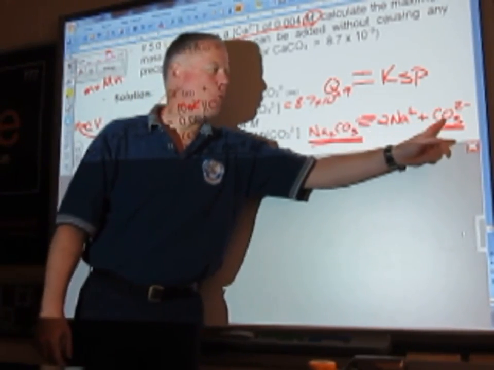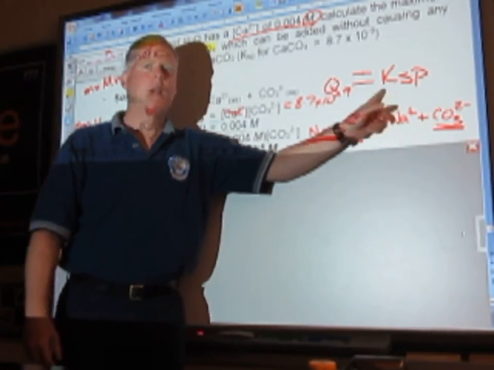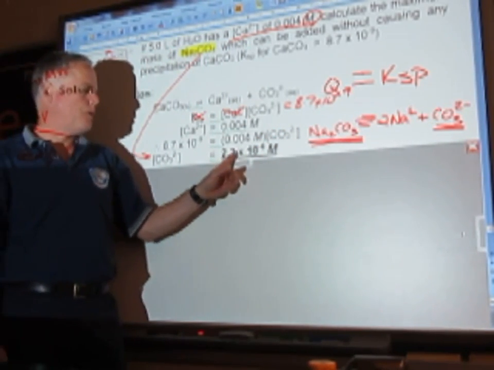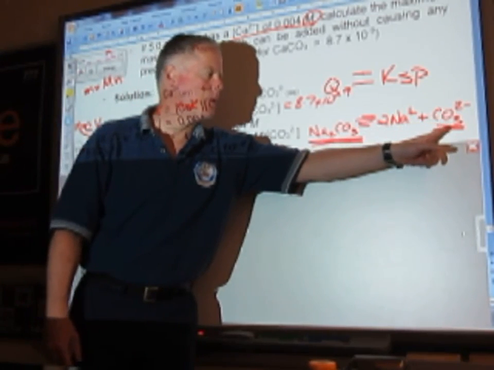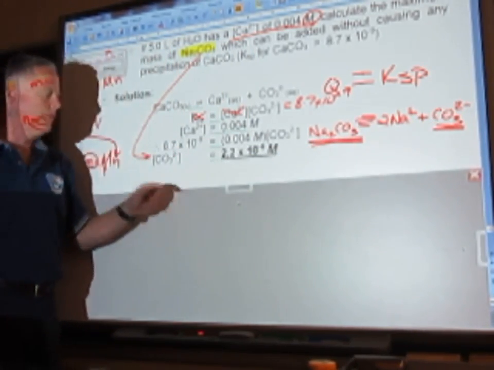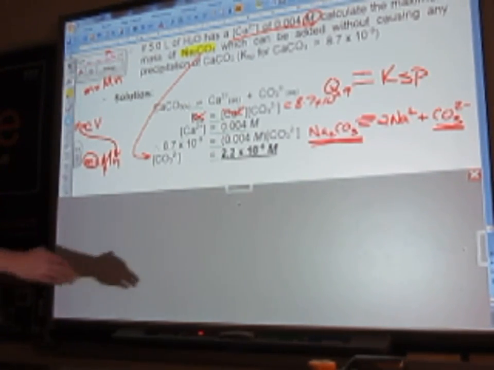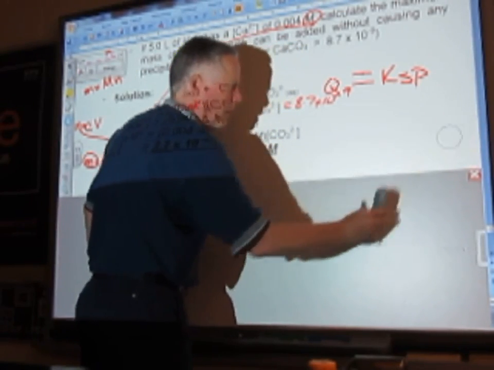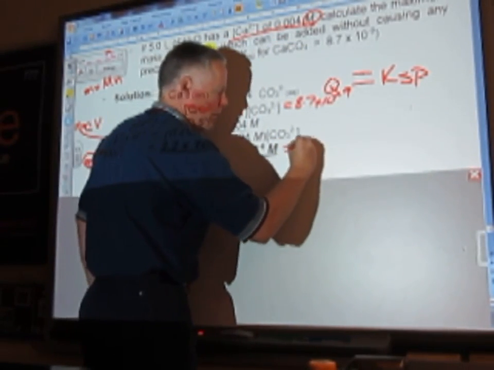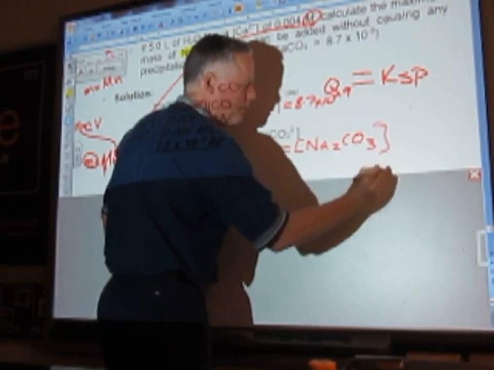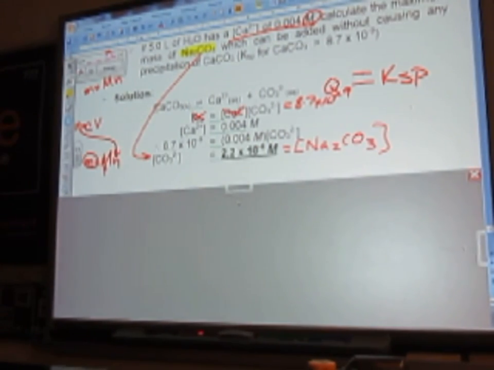So if I have 0.01 moles of this, I needed 0.01 moles of this to get it. If I've got 2.2 times 10 to the negative 6 moles of this, I got 2.2 times 10 to the negative 6 moles of that. So that becomes the concentration of sodium carbonate, because carbonate is 1-to-1 with sodium carbonate.